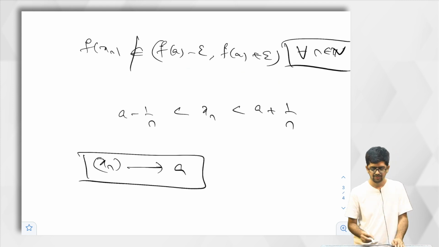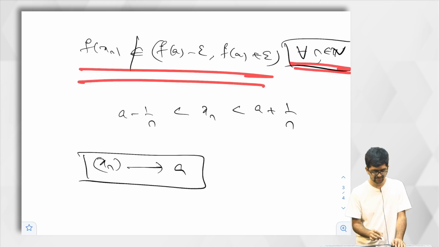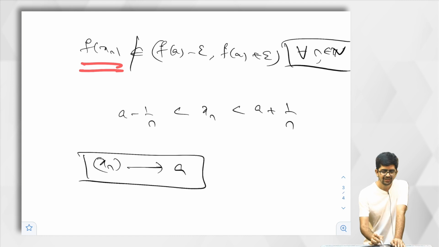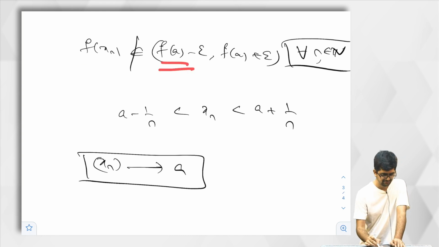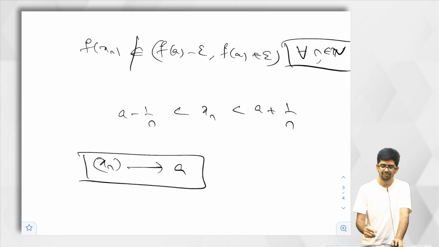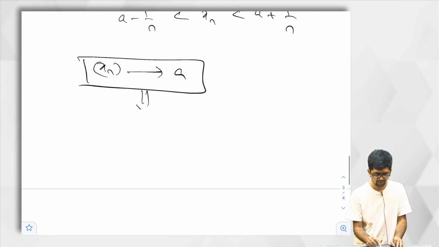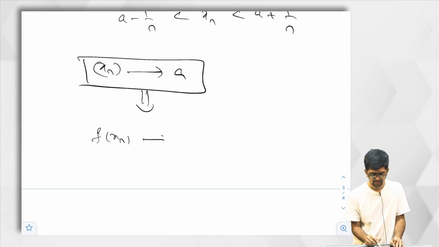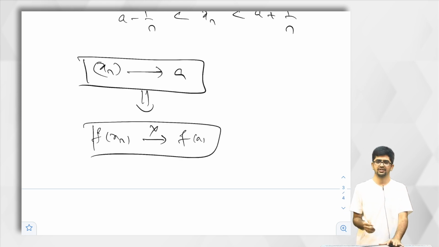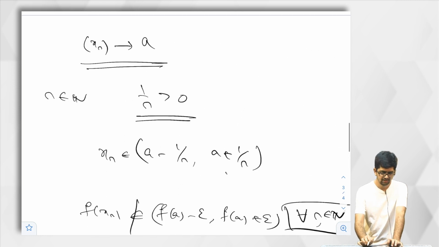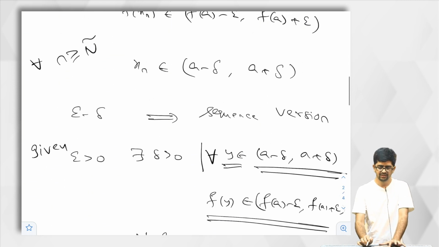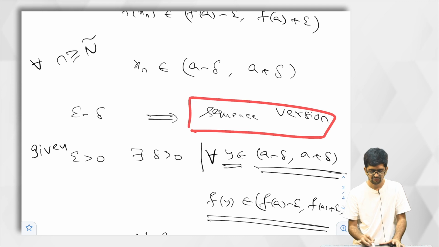We have this, for every n belongs to N. So that says f of xn does not converge to f of a for this epsilon. So, even though xn converges to a, we have f of xn does not converge to f of a. This is a contradiction to the assumption that the function f that we are starting with is continuous with respect to sequences.